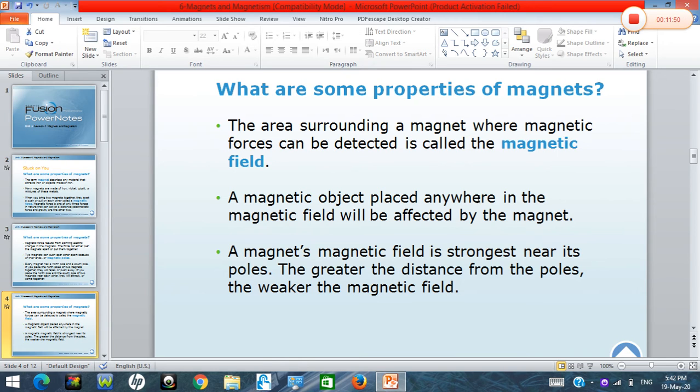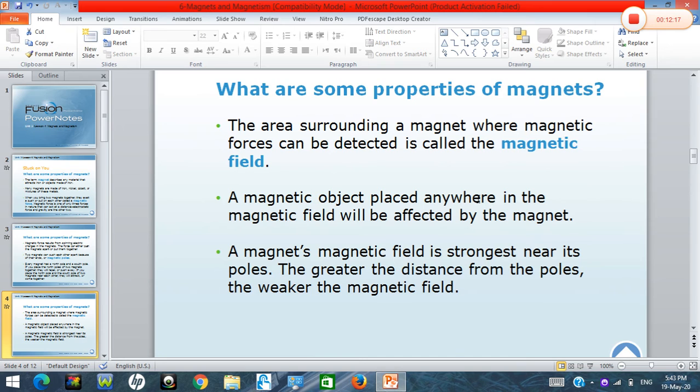Exactly, the nearest one will attract very strongly to the magnet because they are very close to the magnet, while for the far away red iron nails in the big circle, their attraction will be very weak.